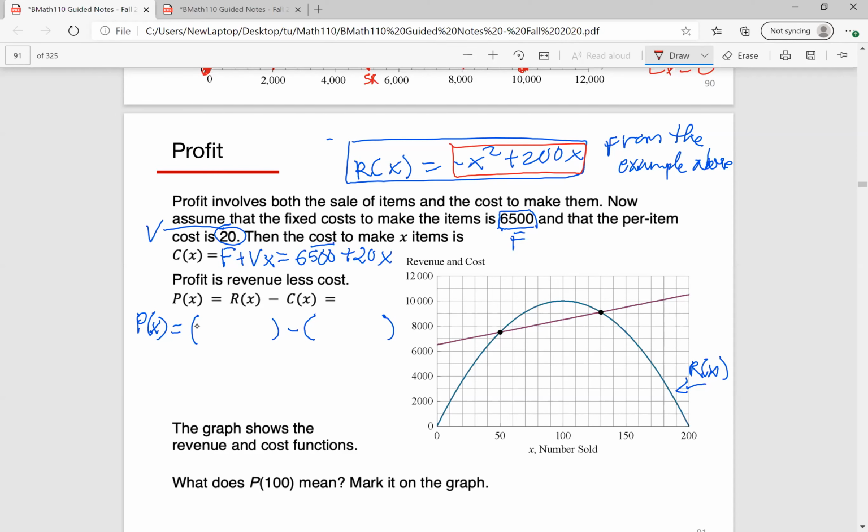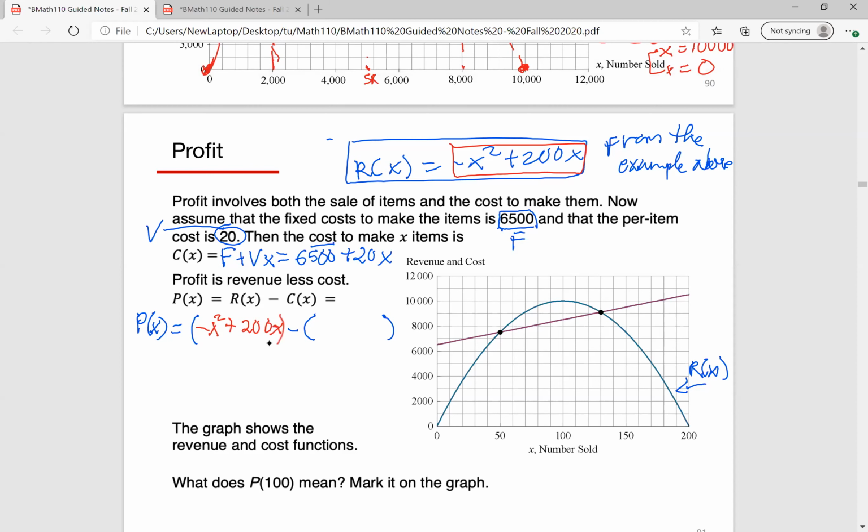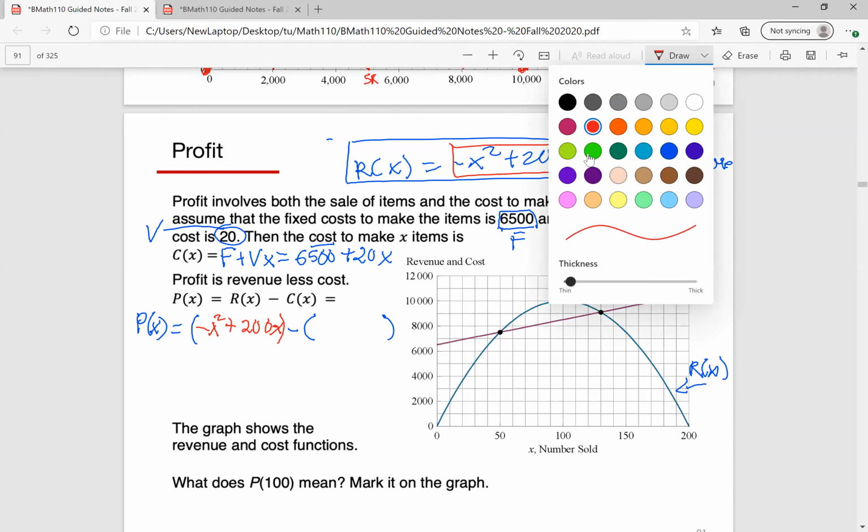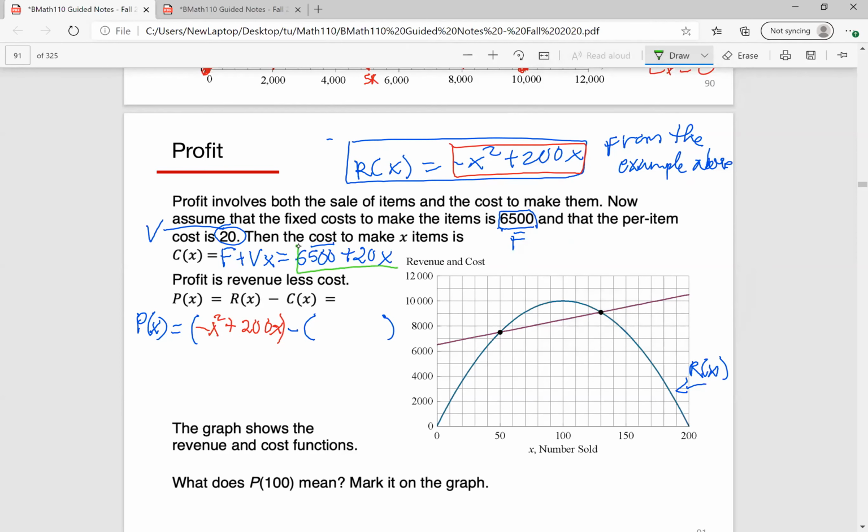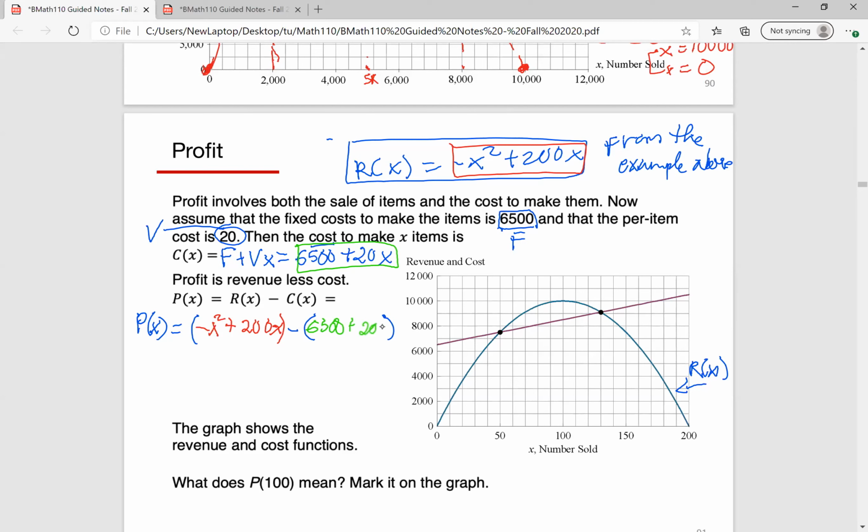That's going to be negative x squared plus 200x, right? And I'm going to use green color for the cost function: 6,500 plus 20x.